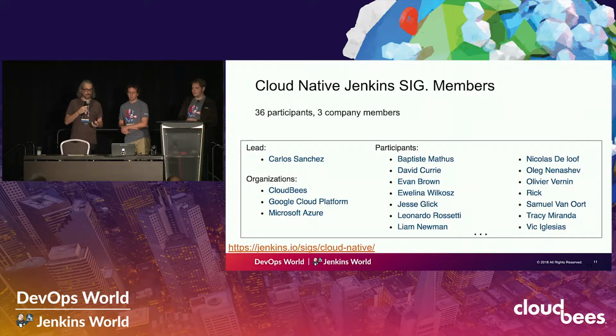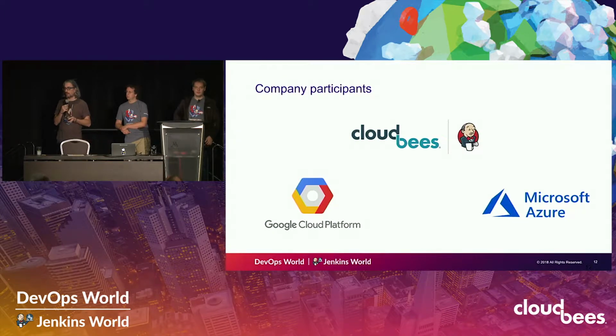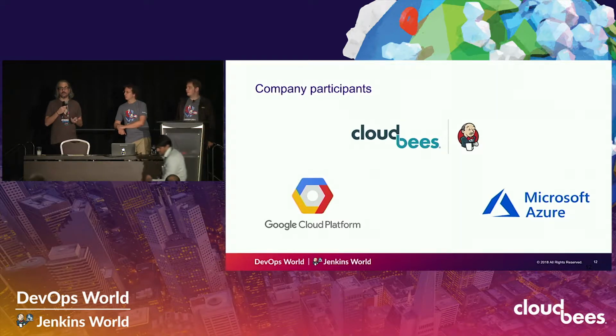I'm really happy to show that not only CloudBees is involved, but we also have people you saw in the keynote today from Google Cloud Platform and from Microsoft Azure, and we are hoping to get more people involved from different cloud providers. So if you are involved in some way with a cloud provider, or somebody providing Kubernetes services, please talk to us, and we'll help you integrate Jenkins with your cloud solutions.